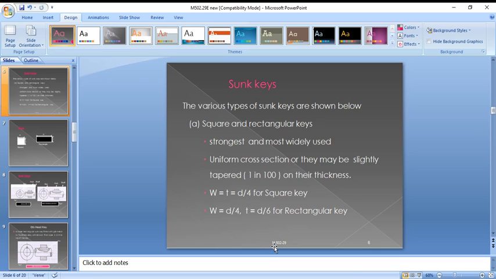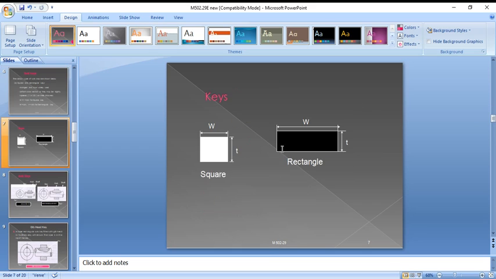A taper of about 1 in 100 is provided on its top side, and it is the strongest and most widely used key.